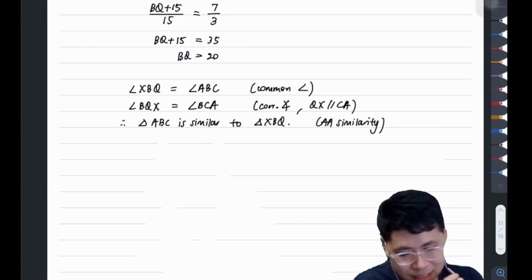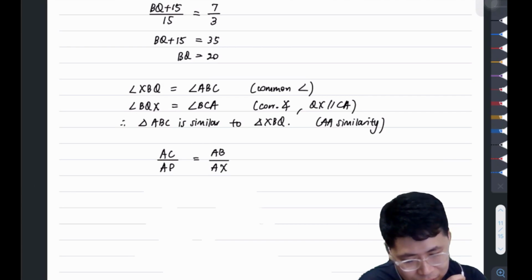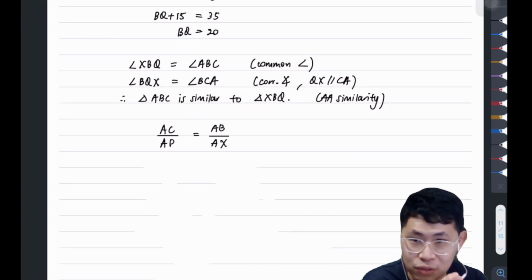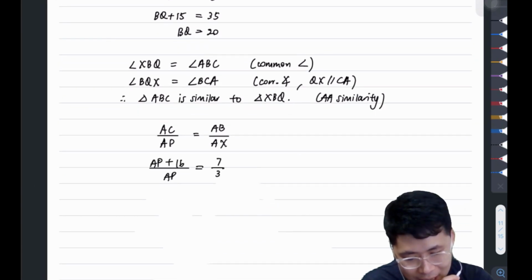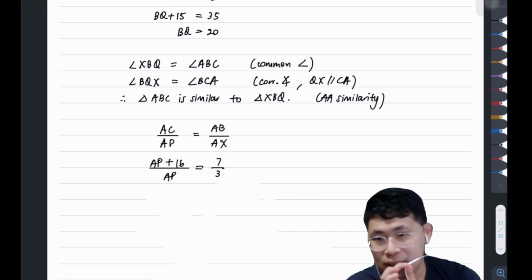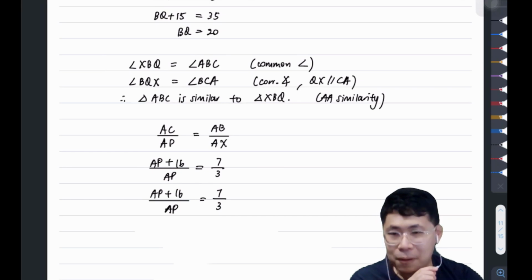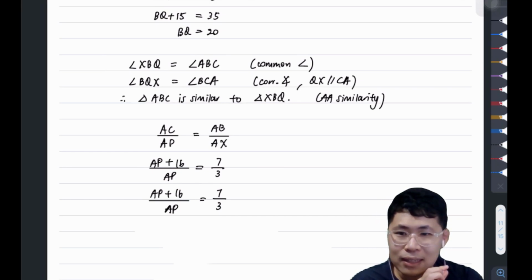So ABC is similar to triangle XBQ. And we have this first fraction. I can link this first fraction over here. Because of that, I will break down AC into AP plus 16, and AP plus 16 over AP is equal to 7 over 3.